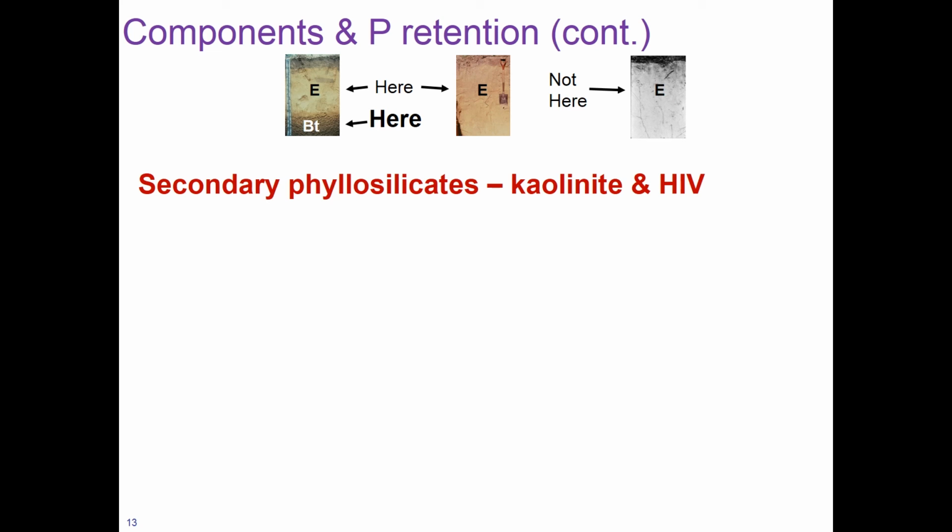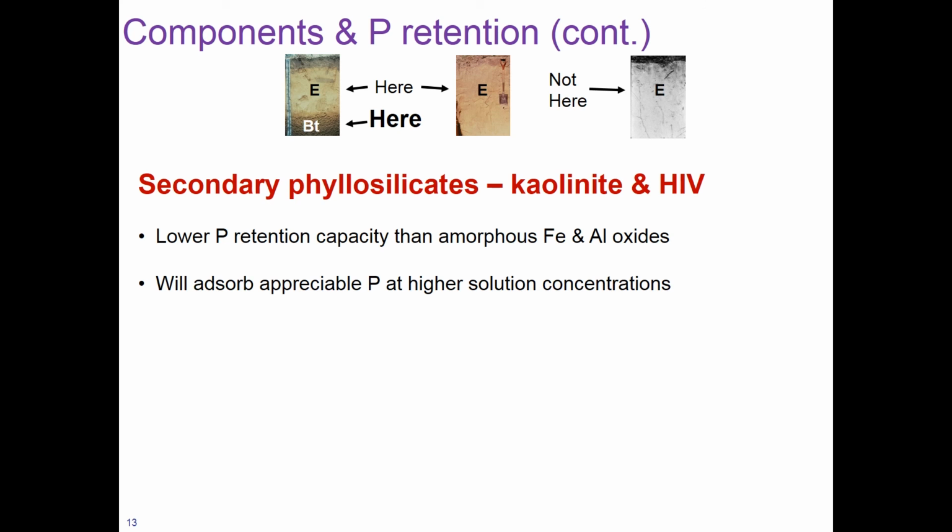But they're not found in the highly developed E horizons where coatings and all fine material has essentially been stripped out. They have a lower phosphorus retention capacity than amorphous metal oxides. However, they will absorb appreciable phosphorus at higher solution concentrations, which means they'll enhance the phosphorus absorption maximum, or Smax.